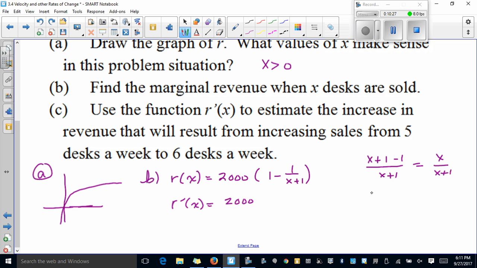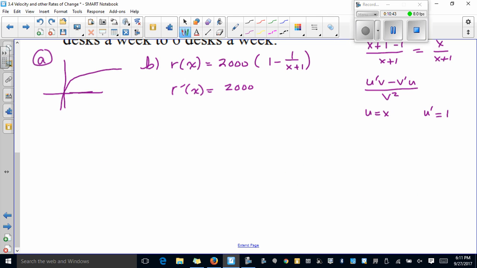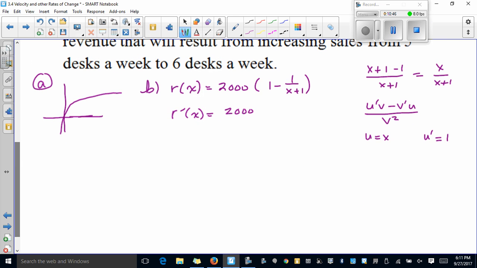Okay, quotient rule going on here. So remember that this is going to be u prime v minus v prime u over v squared. So u in this case is going to be x, u prime is 1. v is going to be x plus 1, and v prime is also 1. So u prime v minus v prime u is going to give me x plus 1 minus x, all over x plus 1, my v value, squared.